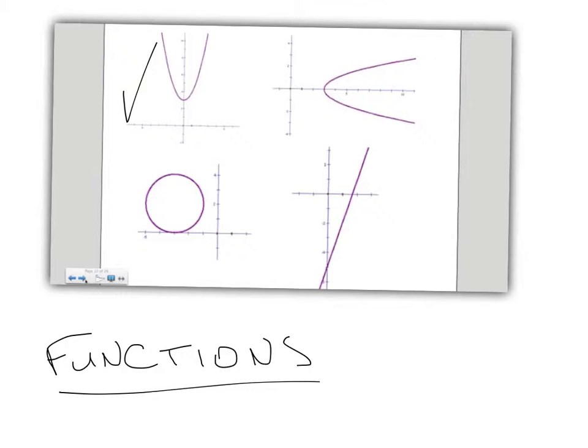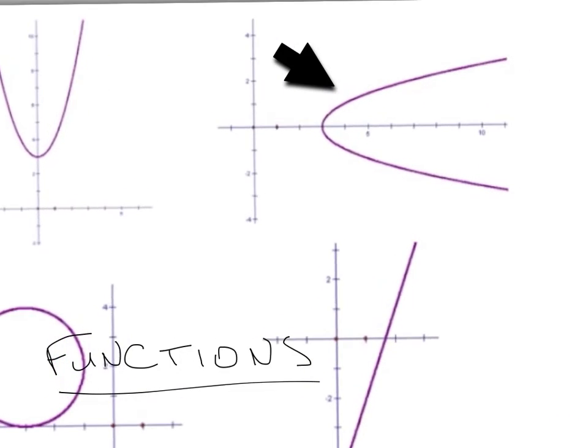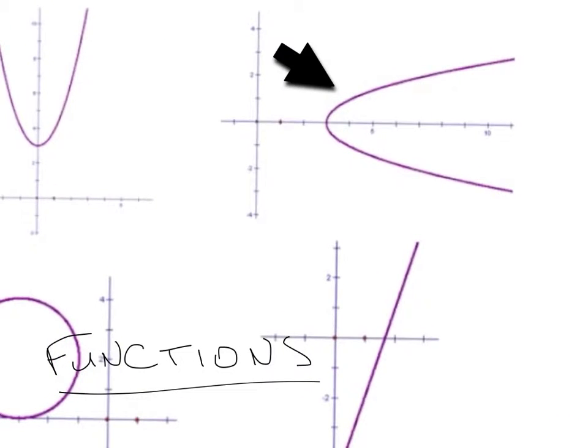But this one obviously has 2 points that hit the same vertical line, right? So the way you can think about it is, here is the number 5 on the x-axis. And this point right here is approximately 1.5 on the y, and this point's probably approximately negative 1.5 on the y as well.